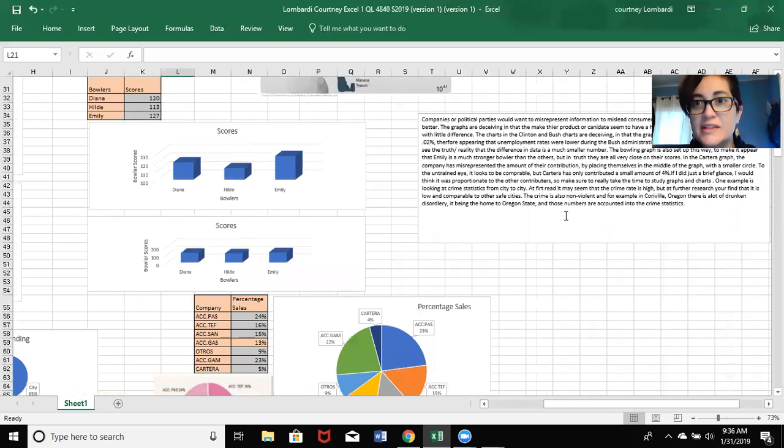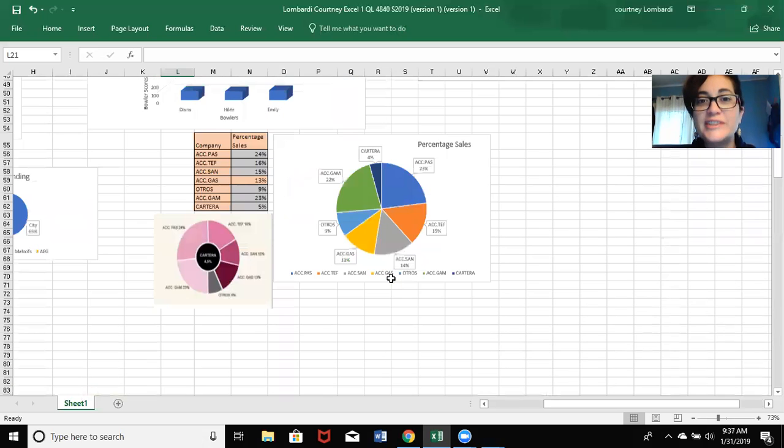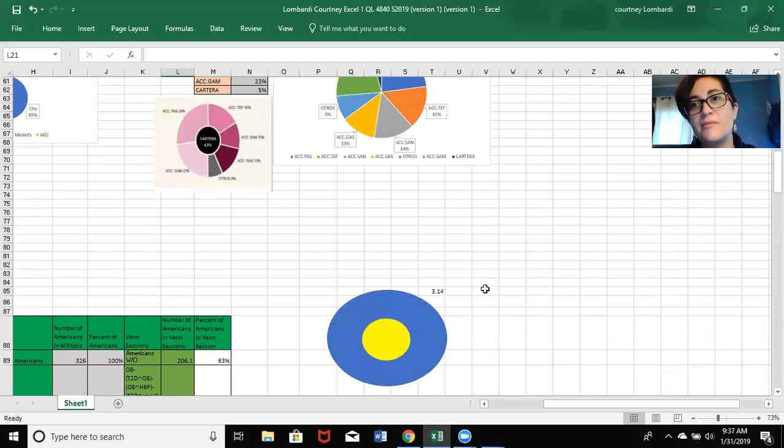For instance, I was looking up online the other day the crime statistics for Coralville, Oregon, because we're probably going to transfer there for a bachelor's degree. At first, the crime rate looks really high. You're like, oh my goodness, we can't take our family there. But then when you start comparing it to the other cities, it's really comparable. Also, when you start looking at the police logs, the arrests are misdemeanors.